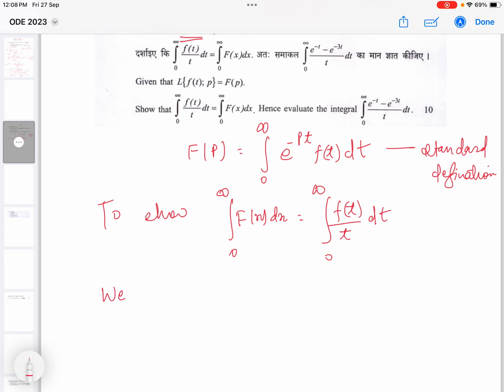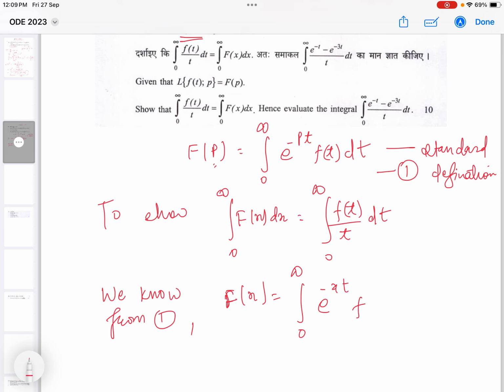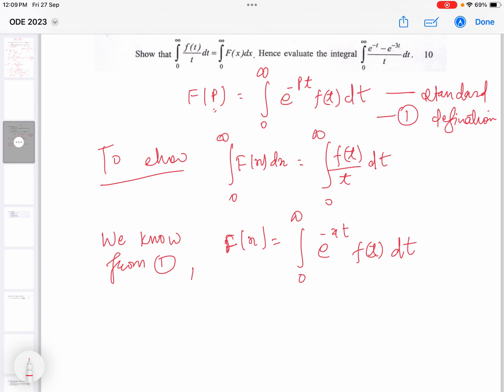We know that F of x is equal to, just replacing p with x, the integration from 0 to infinity of e raised to the power minus xt f of t dt. So we have to show this thing.